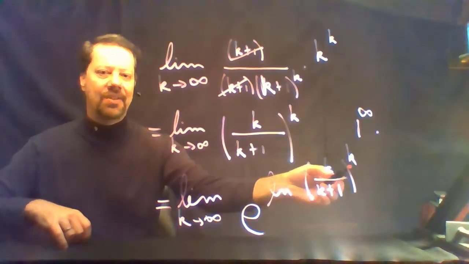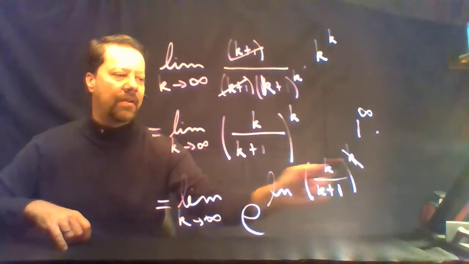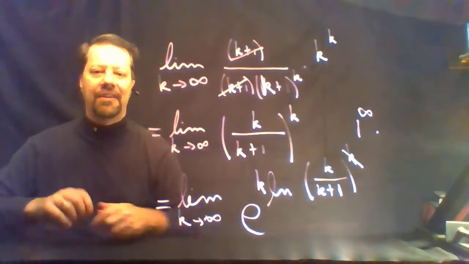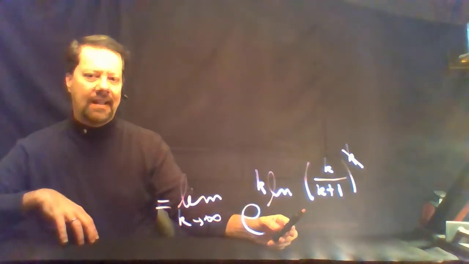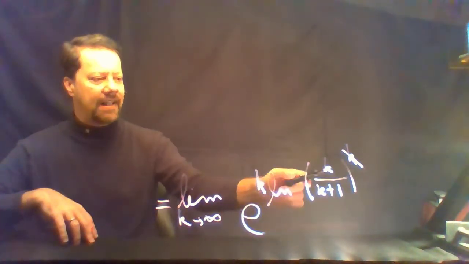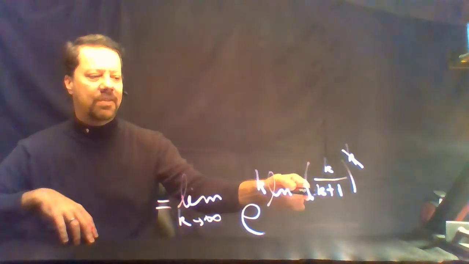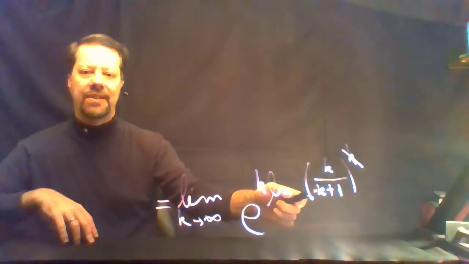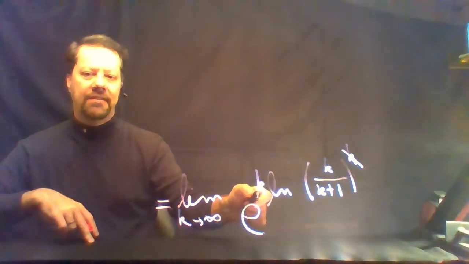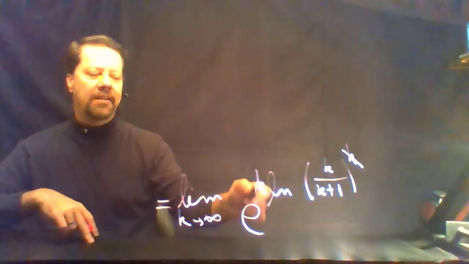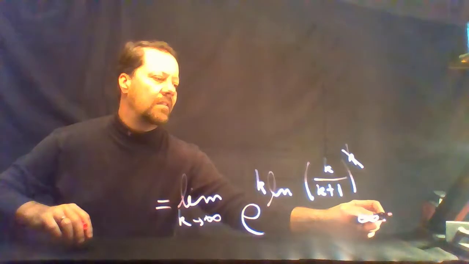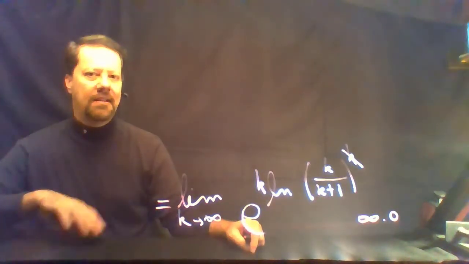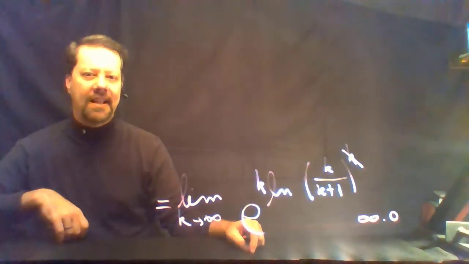We get access to this exponent using the property of logs, bringing it out in front here. Now, as k goes to infinity, k over k plus 1 goes to 1, natural log of 1 is 0, and this factor of k goes to infinity, so we get infinity times 0. Still an indeterminate case, still not a L'Hopital's rule case.